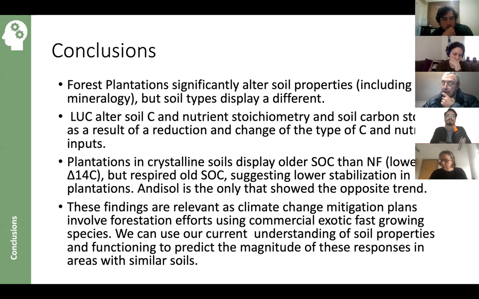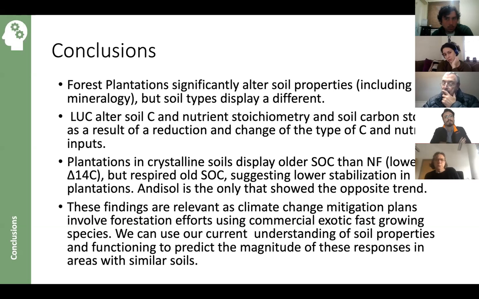Interestingly, the andisols, and this has been reported recently by other researchers, are not as responsive as the other sites. Their capacity to stabilize carbon is truly amazing.